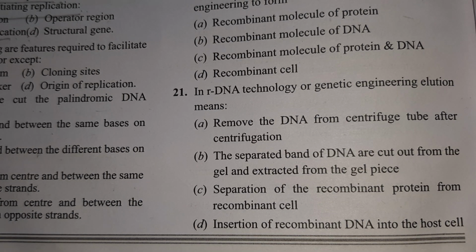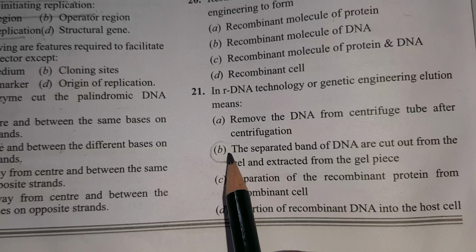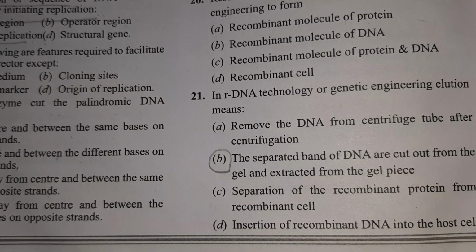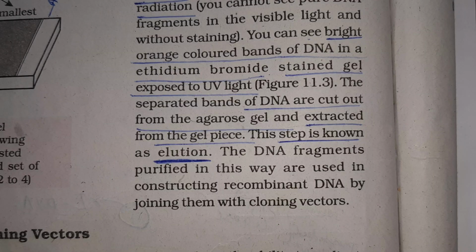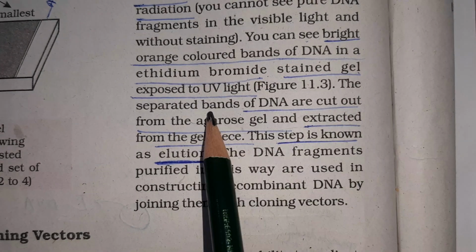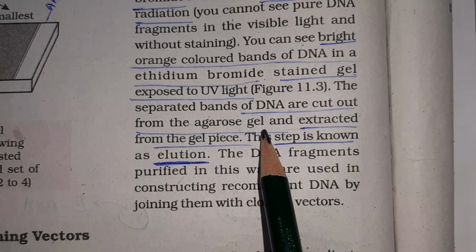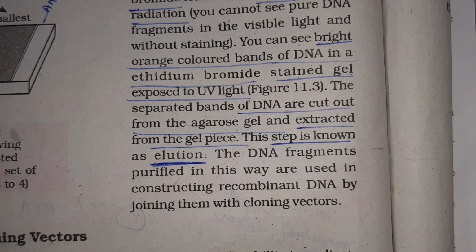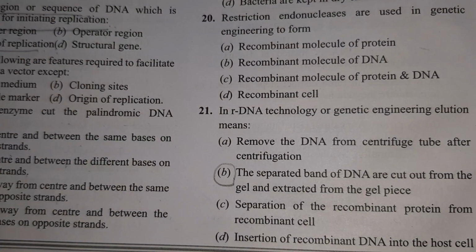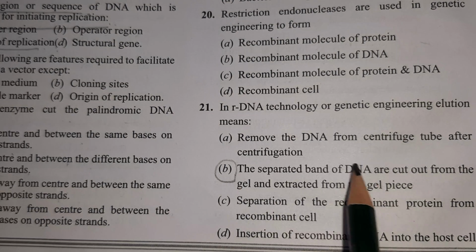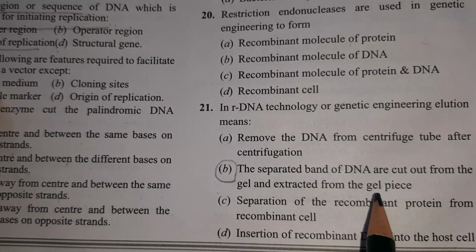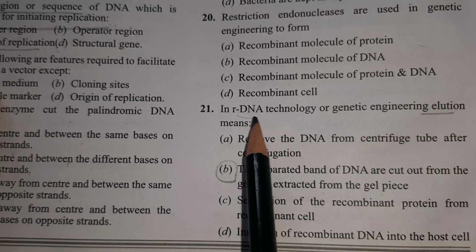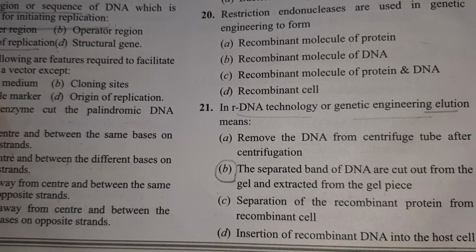And the answer for this is B. If you look at page number 198, you see the separated bands of DNA are cut out from the agarose gel and extracted from the gel piece. This step is known as elution in rDNA technology or genetic engineering.